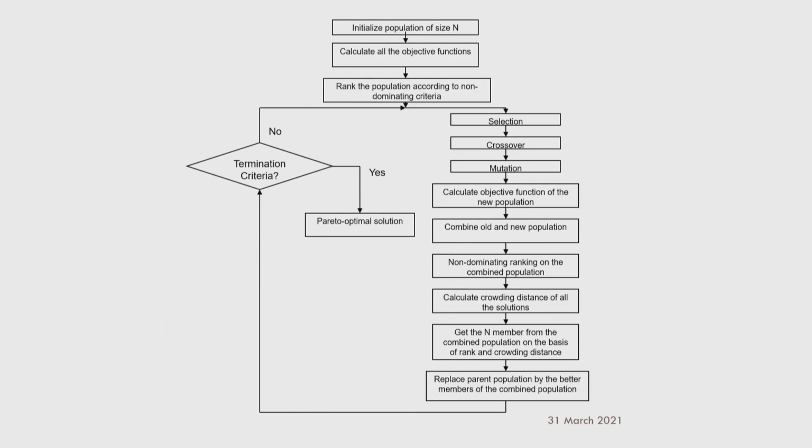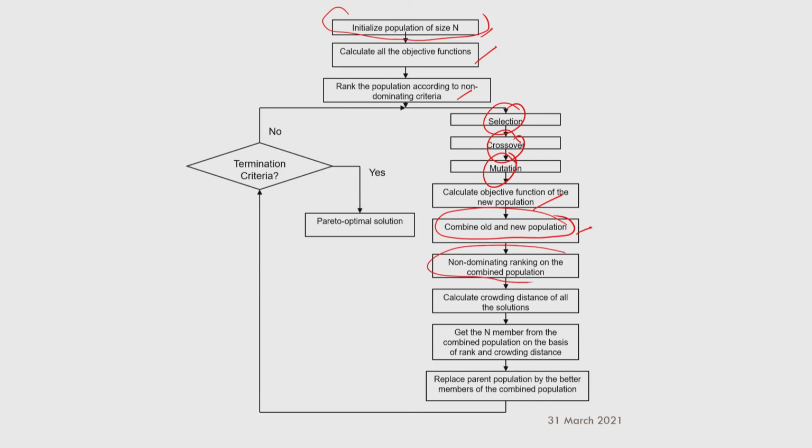Now, this is the algorithm of NSGA-II. Initialize the population and calculate the objective function values, similar to the simple genetic algorithm. Then we give the ranking based on non-dominated criteria. Now you apply selection, crossover, mutation, calculate the objective function, then combine the population. By combining, we are doing elitism in this step.